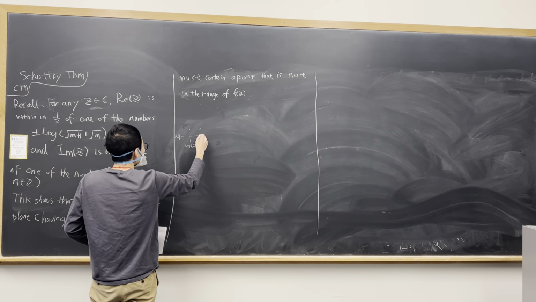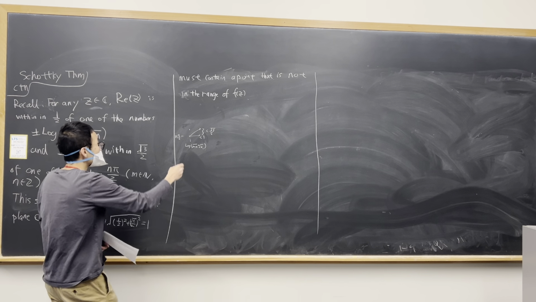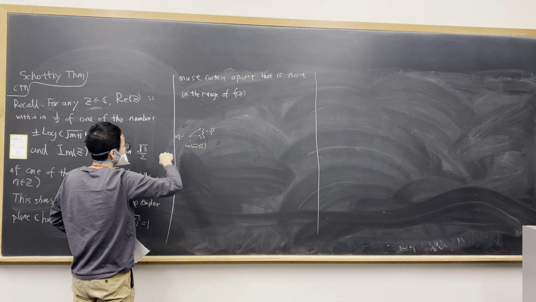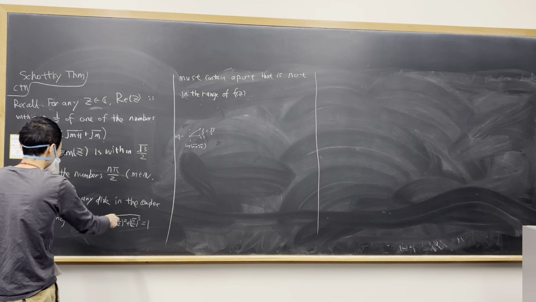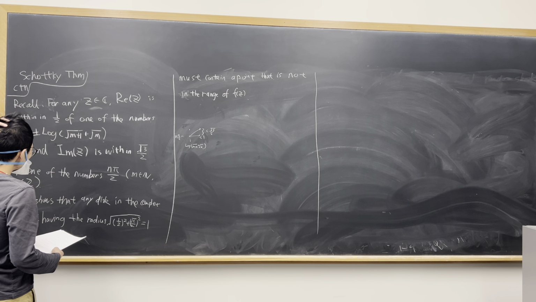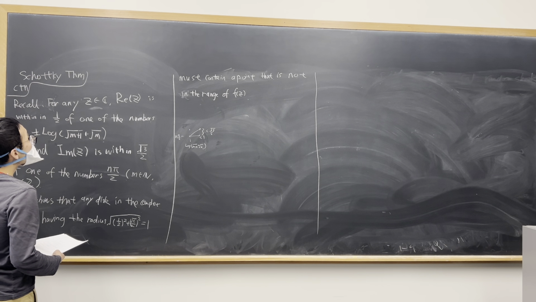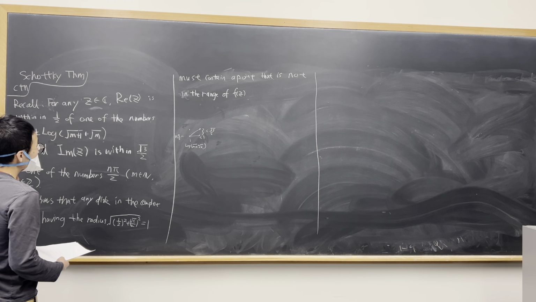So basically here, by the triangle inequality, the distance of these two is less than 1, right? So having the radius 1.